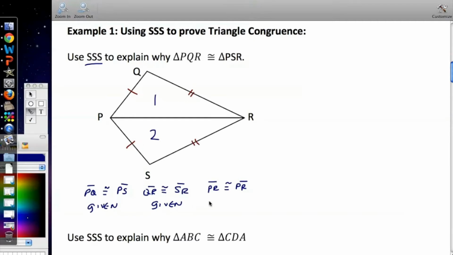Well, PR is congruent to itself because of the reflexive property of congruence. And so because all 3 sides in one are congruent to 3 sides in another, we would say by the side-side-side postulate, triangle PQR is congruent to triangle PSR.